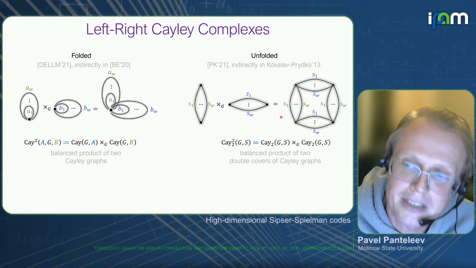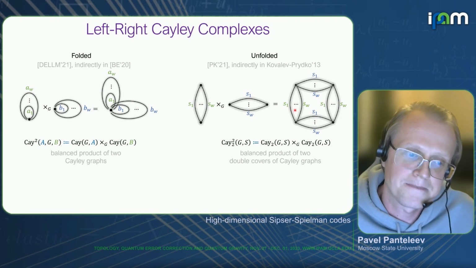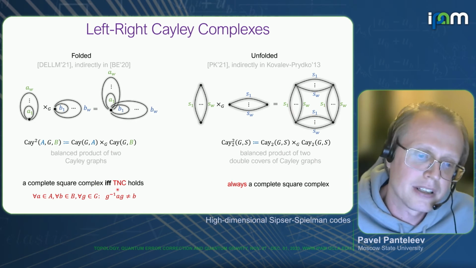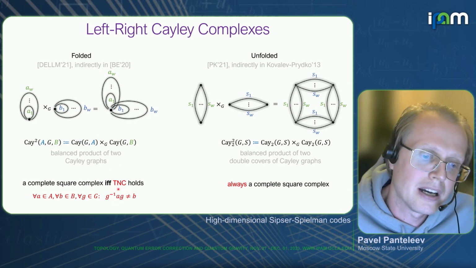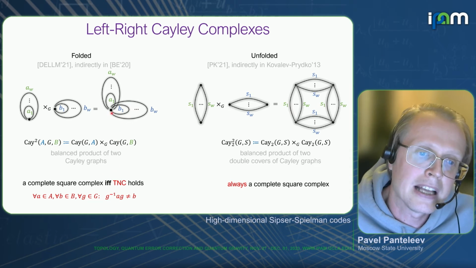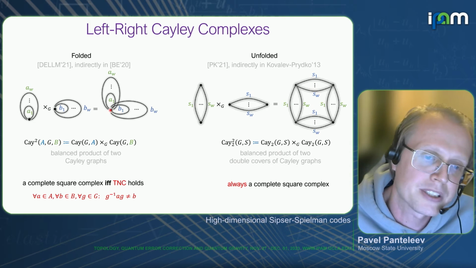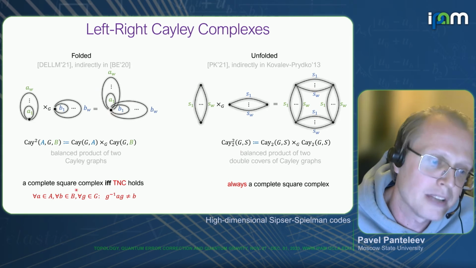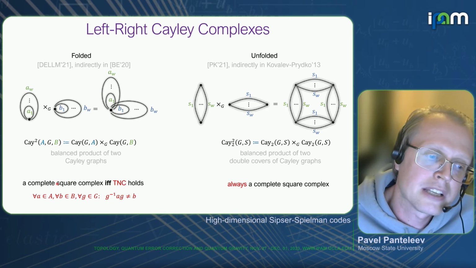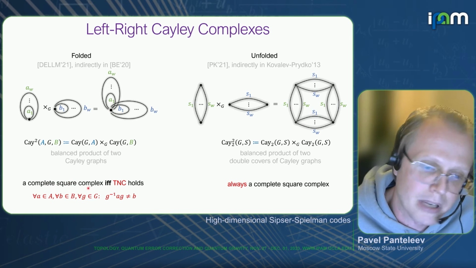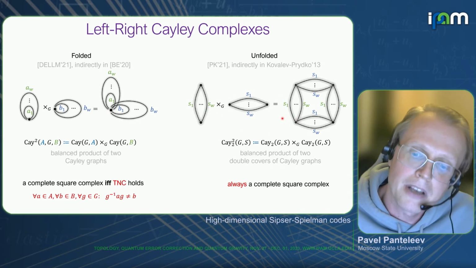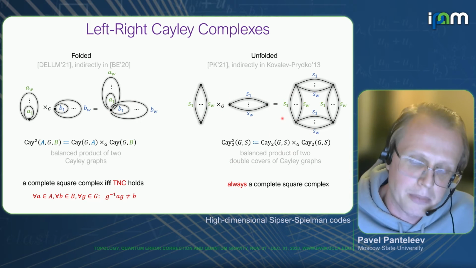This is the complex that we're going to discuss in this talk. They have slightly different properties. Unfortunately, this left-right Cayley complex doesn't always have links which are bipartite graphs, so they are not usually complete square complexes. But for the other one, we always have this property.